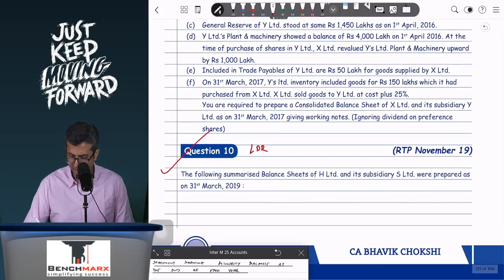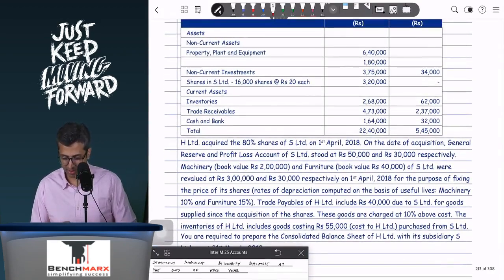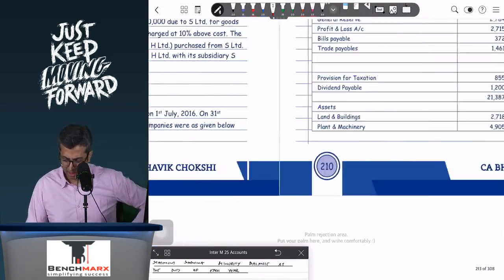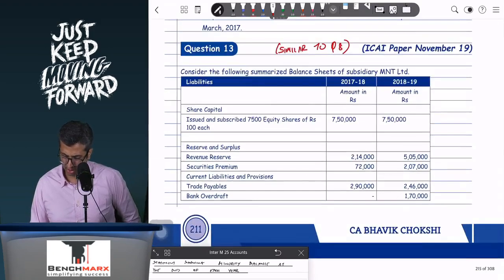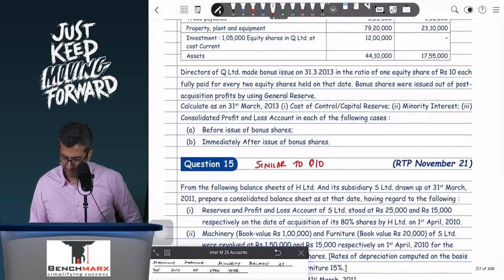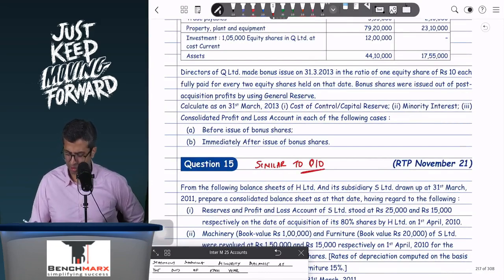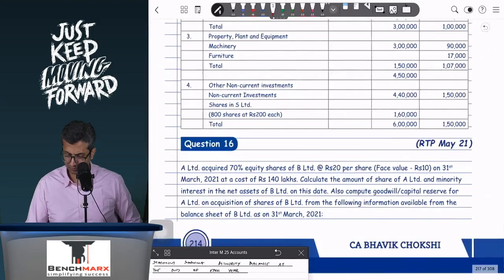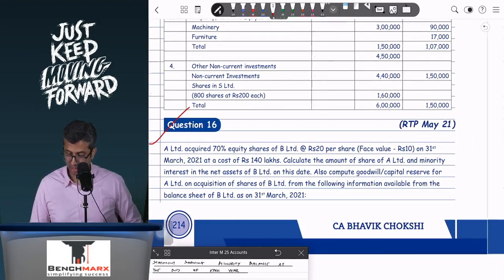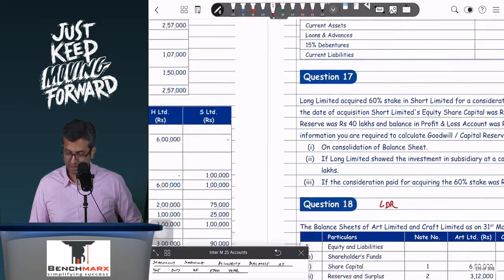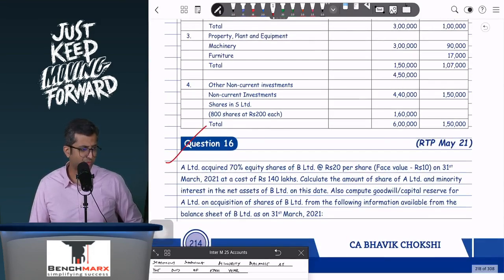I think there is another question as well behind which is similar to this, question number 12 or 15. 15 I think is very similar. I have written over here, question 13 is similar to question 8. Question 15 is similar to 10. So we'll try question number 10, and then 15 you can try on your own. Before that, if we go to question number 16 and 17, these are basic questions. We'll try to review them.